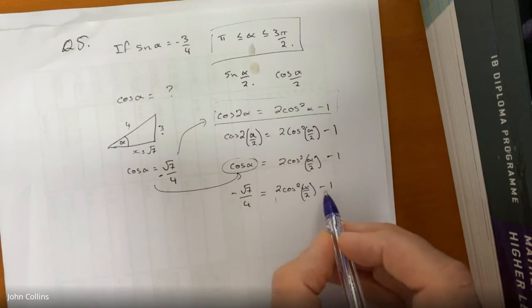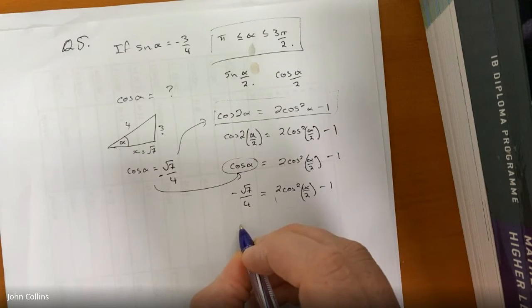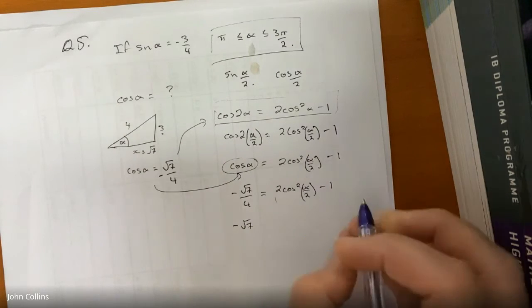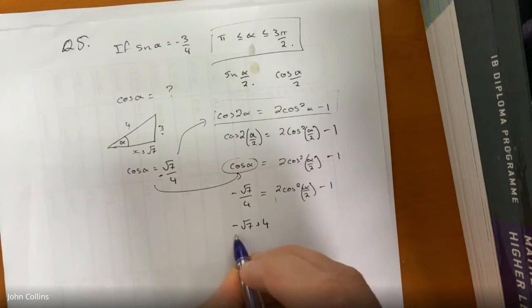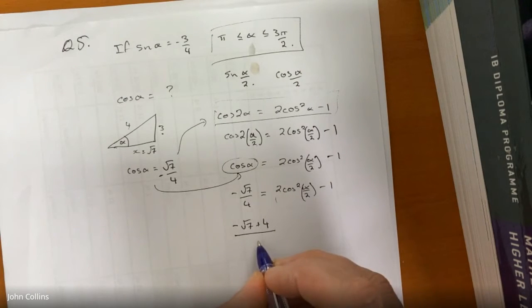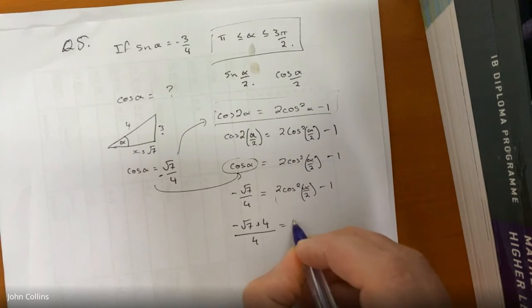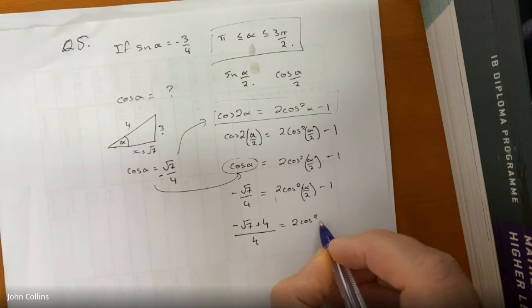We add 1, so minus root 7 plus 1, which I'll write as 4 over 4, plus 4, all over 4, equals 2 cos squared alpha over 2.